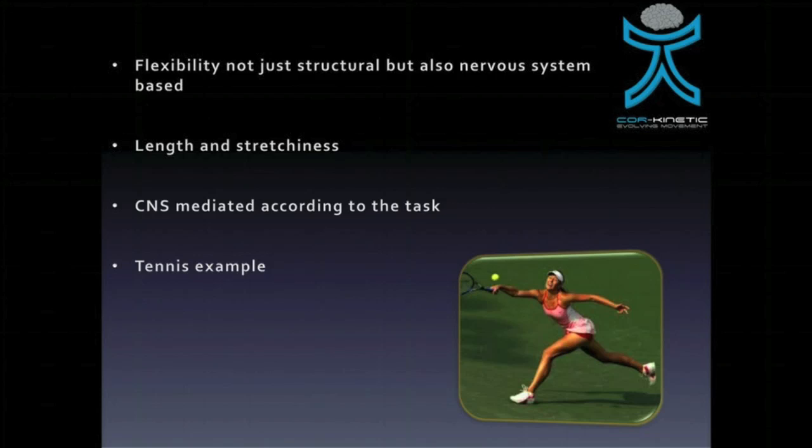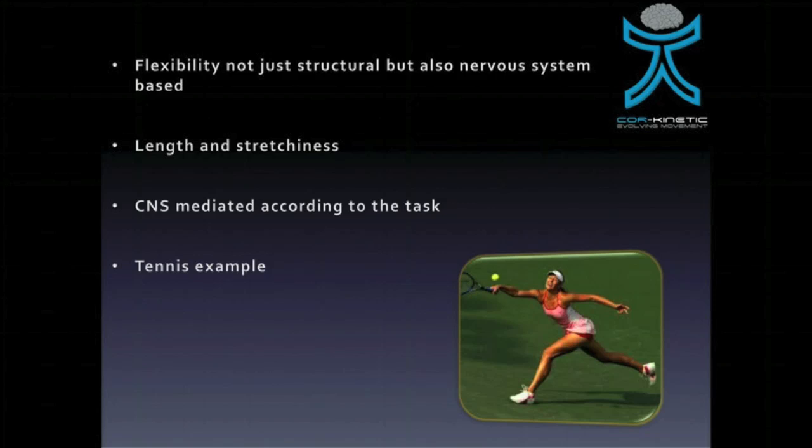So let me put that into an example. If I'm a tennis player and I want to move very, very quickly across the court, I might want to increase my stiffness so that I can then move more quickly. You've got to remember, the larger the range of movement sometimes we have, actually the slower we go.